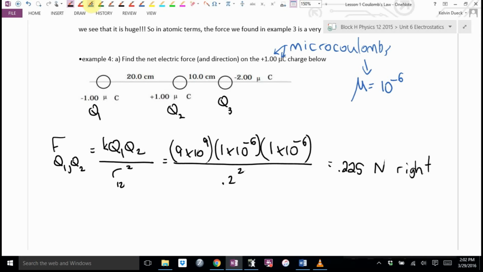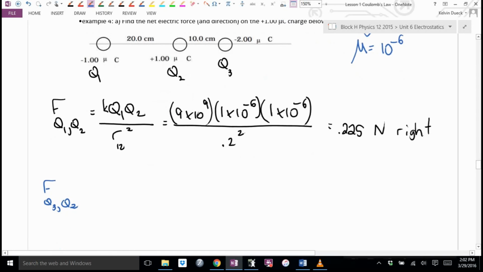Then we're going to find the force from charge 3 on charge 2. And this is usually how I write it, Q3 comma Q2. Which is going to be K, yeah? To the left. Sorry, to the left. Thank you, Manny.